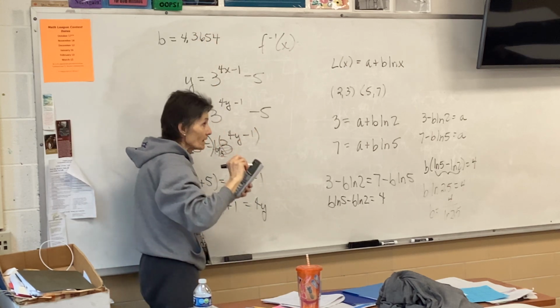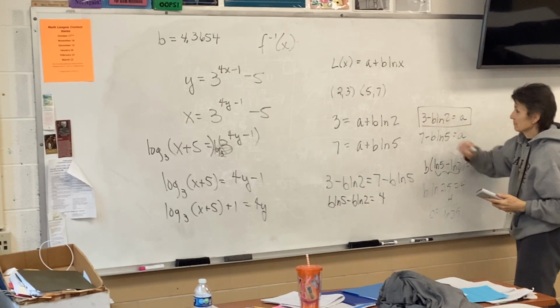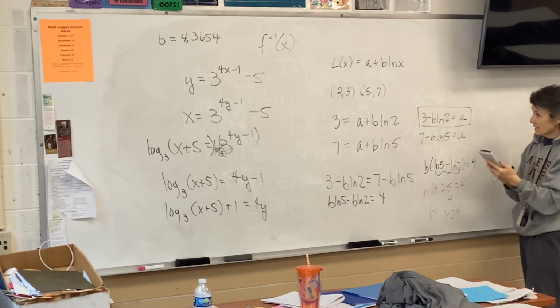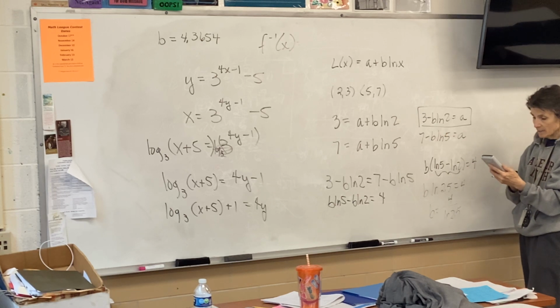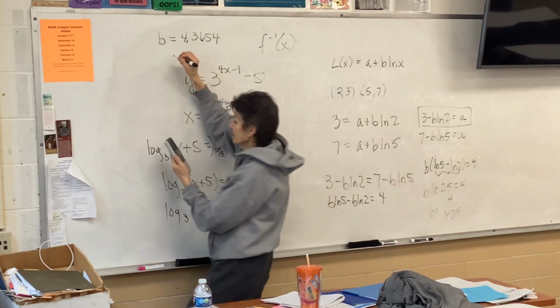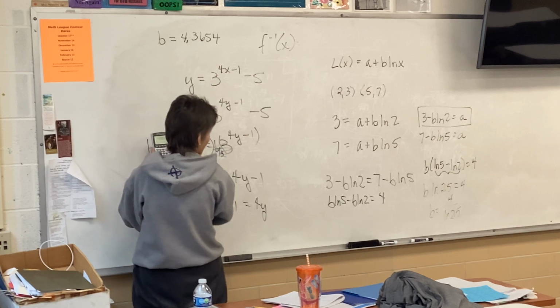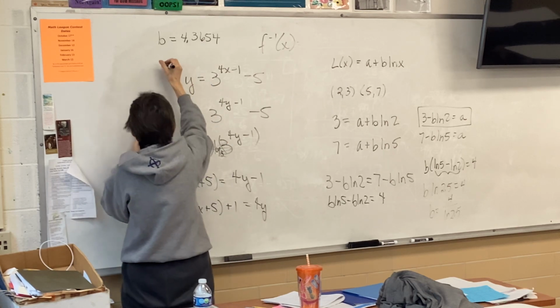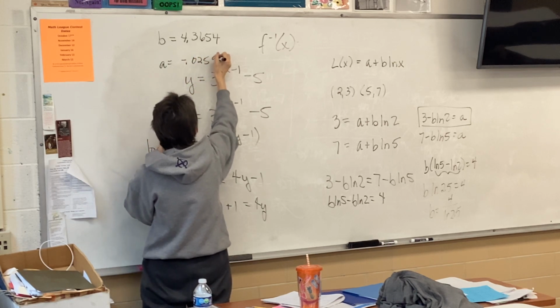Okay? Now remember, this was A. So I'm going to take 3 minus my answer that I just got, the second answer, times ln 2. And I got for A, I got negative 0.0259.